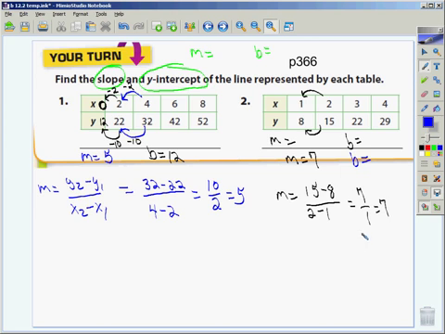What is x? X had to be 0. So if I took 1 away and I took 1 away, if I took 7 away, what do I have to take away here? 7. And what's the y-intercept? 1. Everybody okay with 1 and 2 that are there?